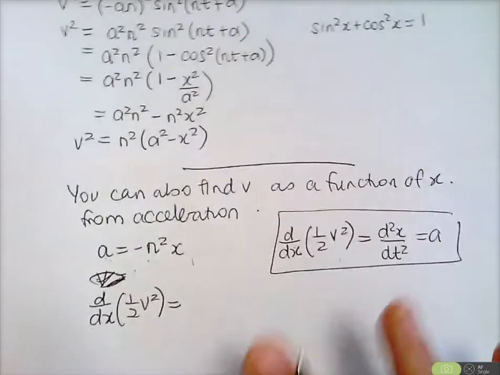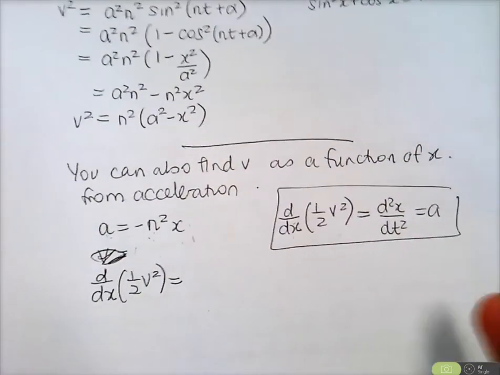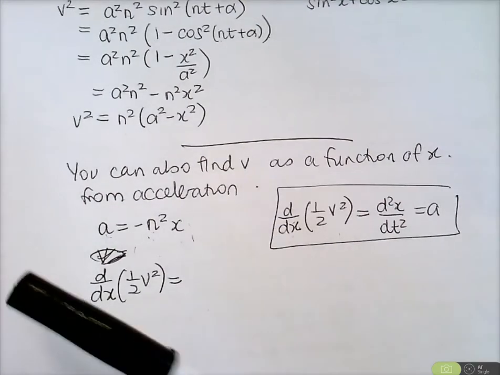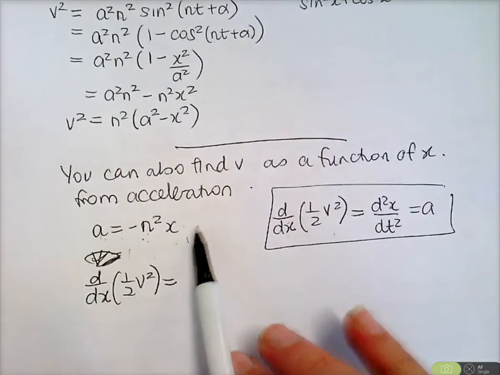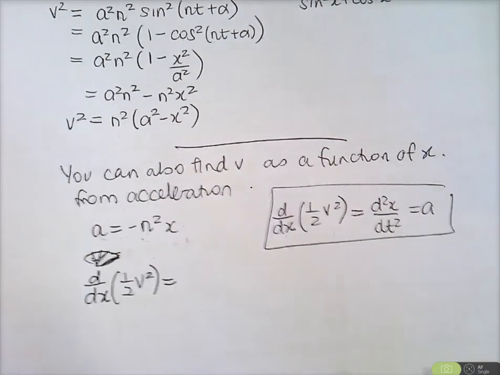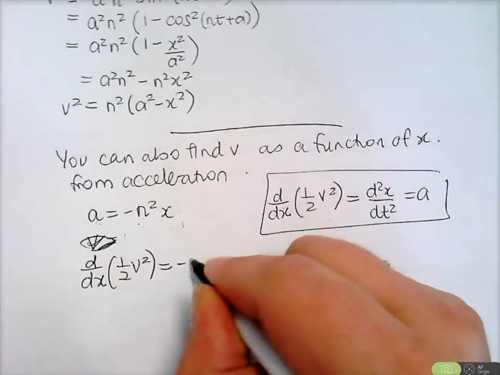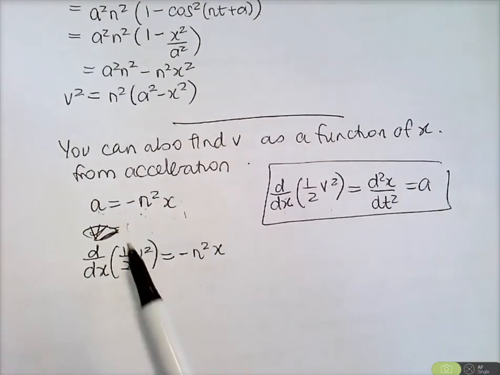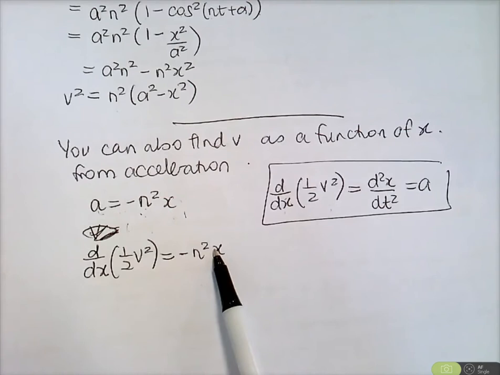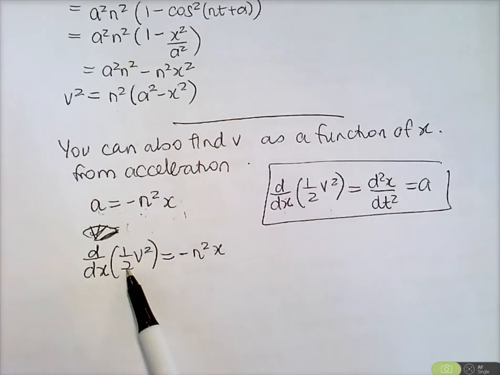We've never done it with simple harmonic motion, but because this is a in terms of x, you can do it for simple harmonic motion as well. So d by dx of a half v squared is negative n squared x. If you differentiate this, you get that, so if you integrate that, you get this.